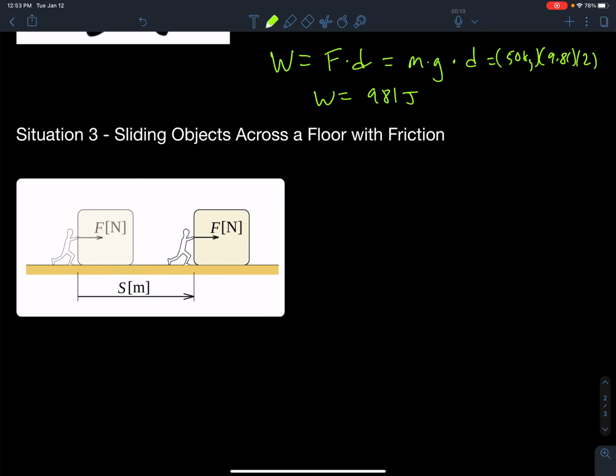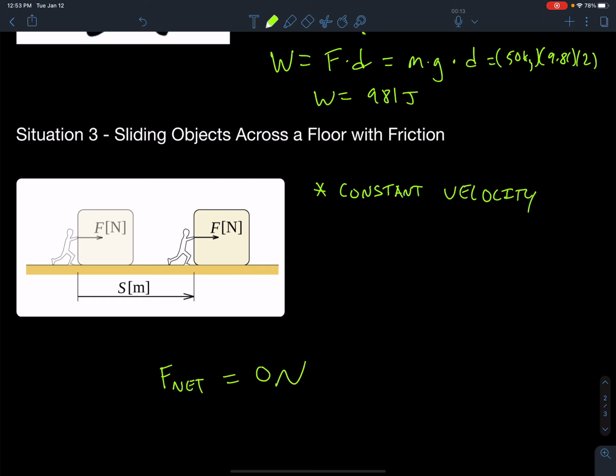Now, let's talk about sliding objects across a floor with friction. Again, let's look at it in terms of constant velocity. So I'm just applying a force that allows me to push this at a constant velocity. It's not accelerating, so because there's no acceleration, the net force is equal to 0 newtons. And I need to understand what forces are on this box.